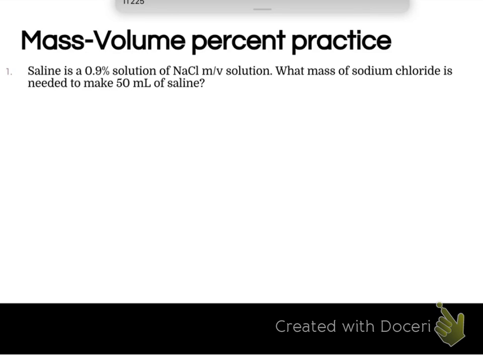The next calculation to practice is mass per volume percent. So saline bags that you might use in the hospital or a nursing home, whatever, are made out of 0.9% NaCl, and they say M/V, so that means mass per volume.